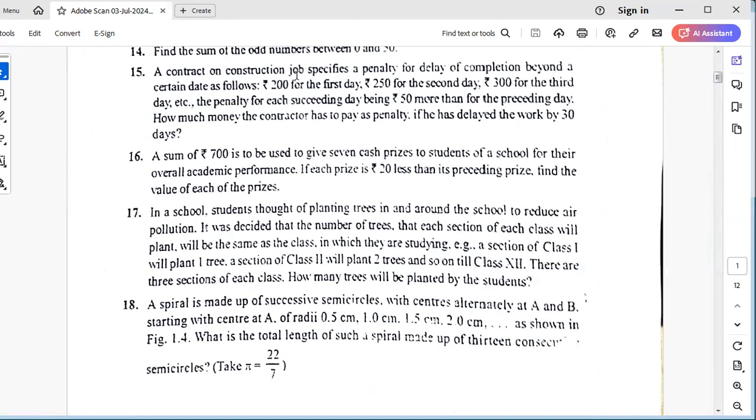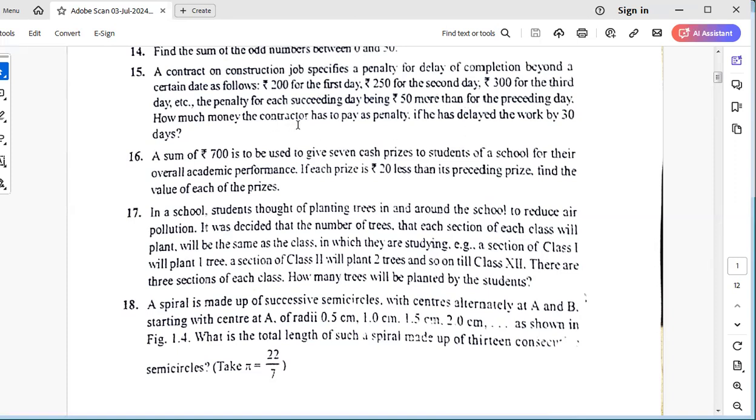A contract on a construction job specifies a penalty for delay of completion beyond a certain date as follows: Rs 200 for the first day, Rs 250 for the second day, and Rs 300 for the third day, etc., the penalty for each succeeding day being 50 more than for the preceding day.